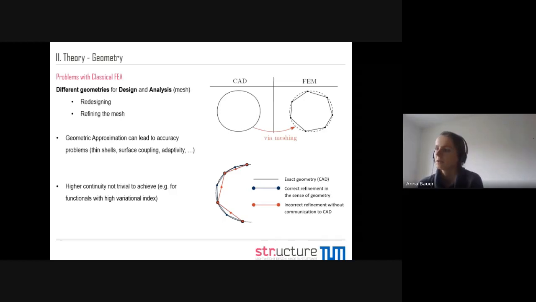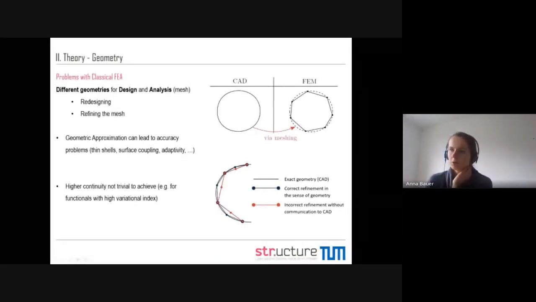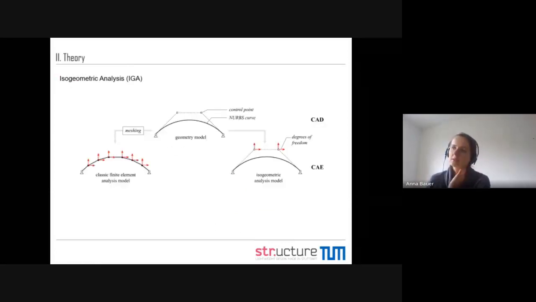And if we decide that the analysis model was not good enough, and we have lost the connection to the CAD model, we cannot change the analysis model in the right way. So we need to go back to the CAD model and redo the whole meshing process, which can be really time-consuming. So that's the idea of the isogeometric analysis, which we will use.